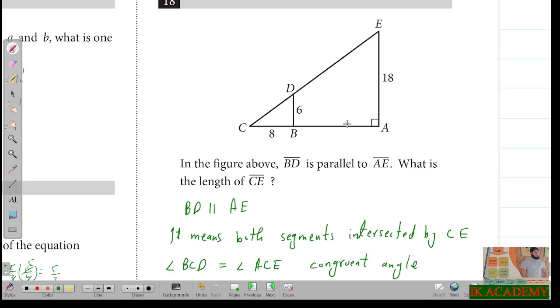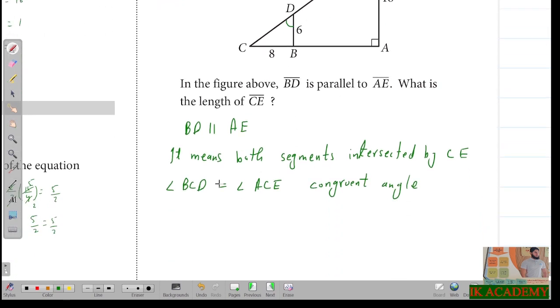Also, the angle AEC, which is this one, and angle BDC here are corresponding angles and congruent angles. Angle AEC and angle BDC are corresponding and congruent angles.